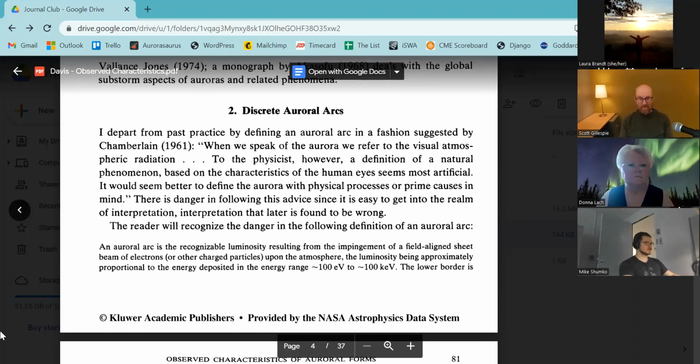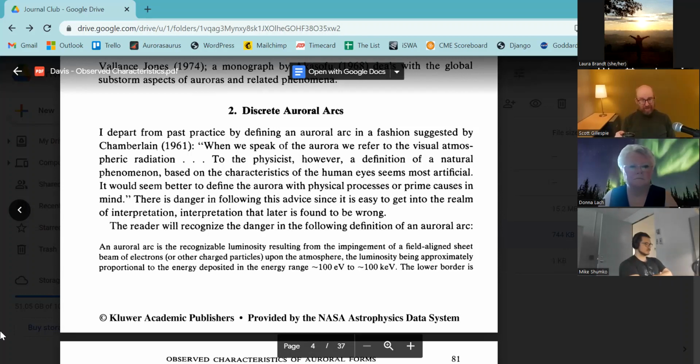It would seem better to define the aurora with physical processes or prime causes in mind." End quote. There is danger in following this advice, since it is easy to get into the realm of interpretation that later is found to be wrong. The reader will recognize the danger in the following definition of an auroral arc.